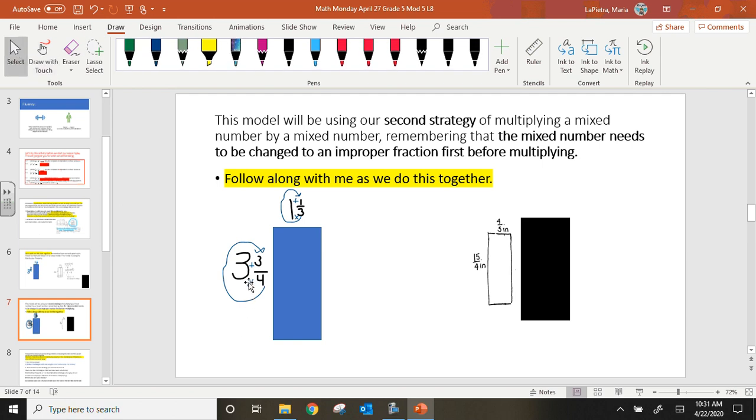So now I have 3 times 4 is 12, plus 3 more is 15, and we put it over the same denominator. And here we go, 15 over 4. And then the top one, I have 1 and 1/3. 3 times 1 is 3, plus 1 is 4, and you put it over the 3, 4/3. Now I'm going to just multiply those two. 15 over 4 times 4 over 3.